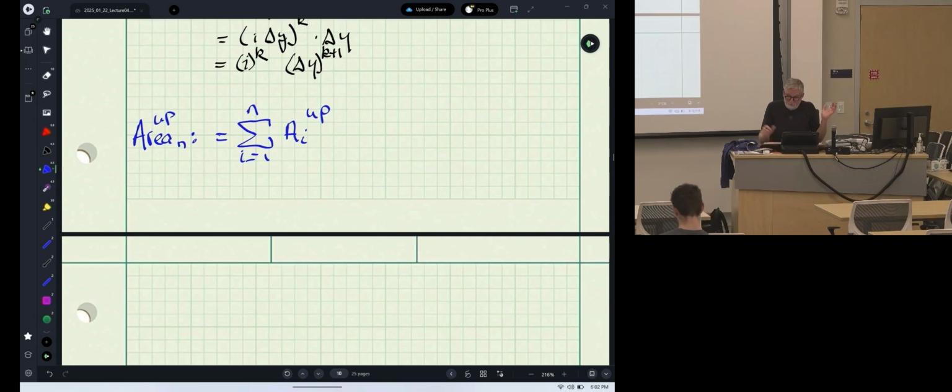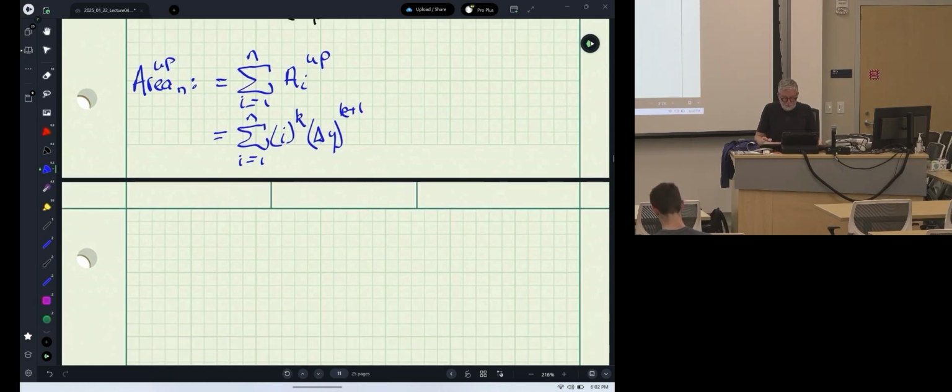And now it's just kind of plug and chug. This is the calculus, and this becomes algebra. Sum i equals 1 to n, i to the k, delta y to the k plus 1. Delta y does not depend upon i.